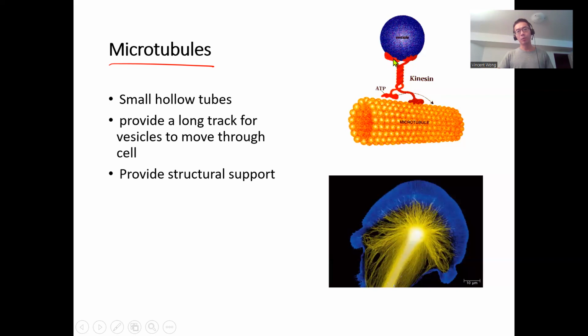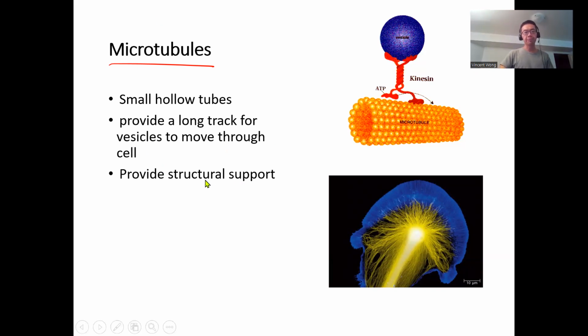It would carry the vesicle on its arms and walk along the microtubules, like a stickman without the head, and bring it to where it needs to go. So it'll take the vesicle from the rough ER and bring it to the Golgi body along these tracks. These are for real, you can actually see them under the microscope. Amazing stuff that's happening.